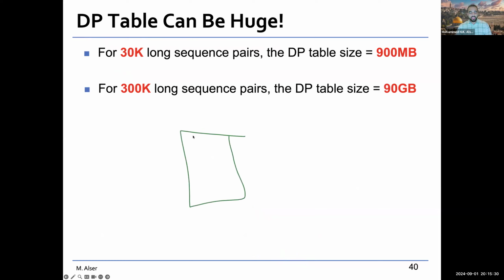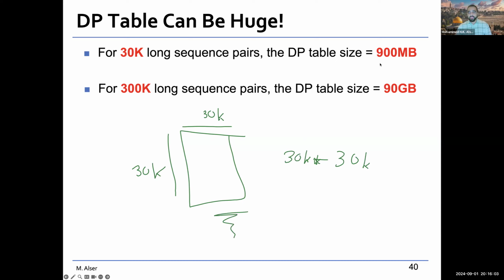The width of the table was based on the length of the sequence we use here, and the height of the table was based on the sequence used here. So think about the sequence length over here being 30,000 characters, and the sequence over here also 30,000 characters. So how many cells do we need to calculate in the dynamic programming table? It's basically 30,000 times 30,000.